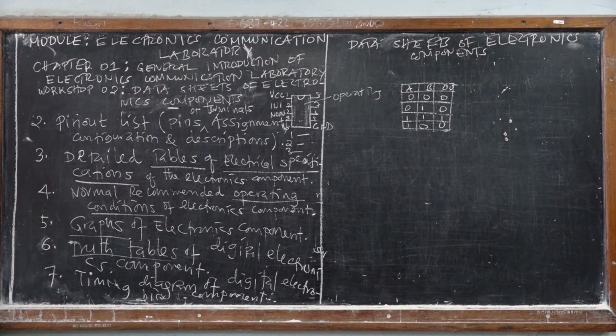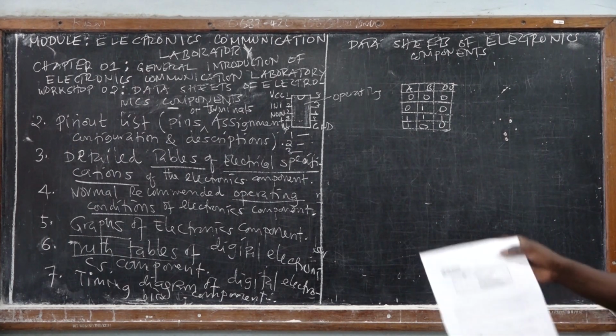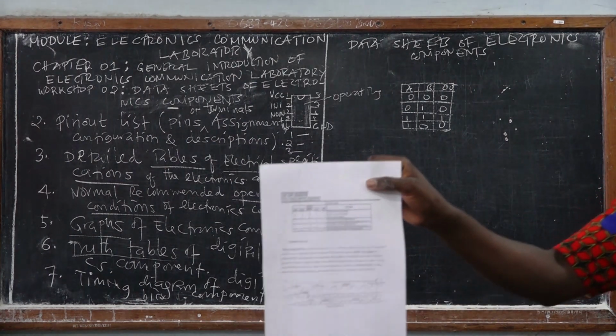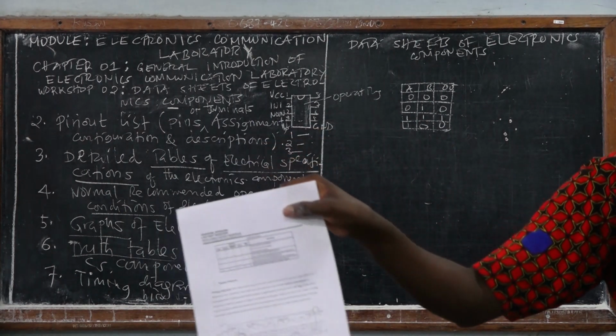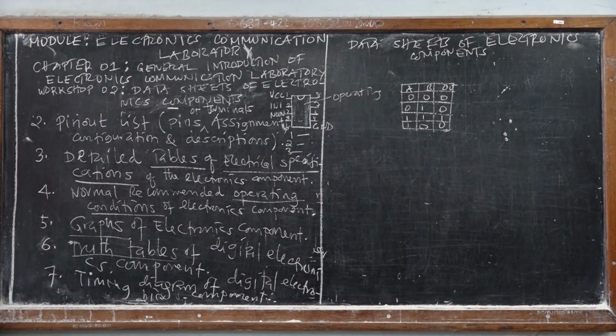Class, are we together? For instance, let me show you one of the truth tables. Do you see one of the truth tables? This is one of the truth tables, the one on top. It's a truth table of just a simple electronics component, which is a shift register.